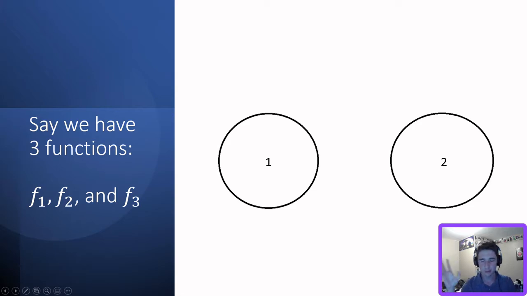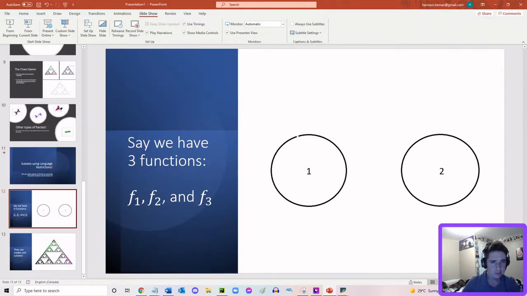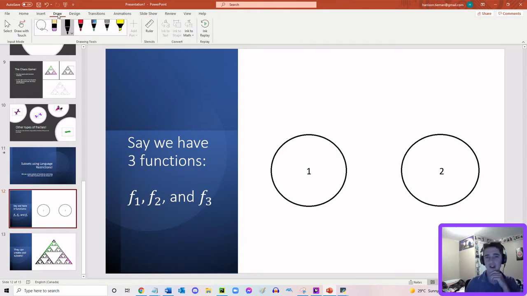So I can use these now to create patterns that will restrict the way functions can be chosen. So I'm going to exit the main slideshow mode here, and I'm going to draw some stuff. So say I wanted to make something like this. I'm first going to take my first function, so function 1, and I'm going to say that function 1 keeps me at node 1.